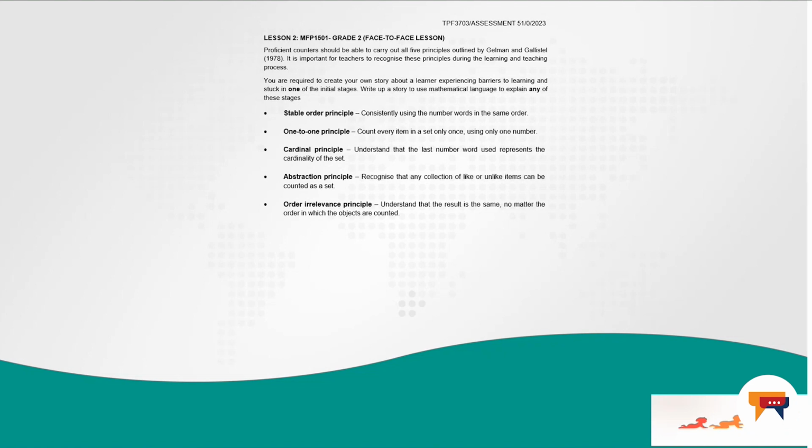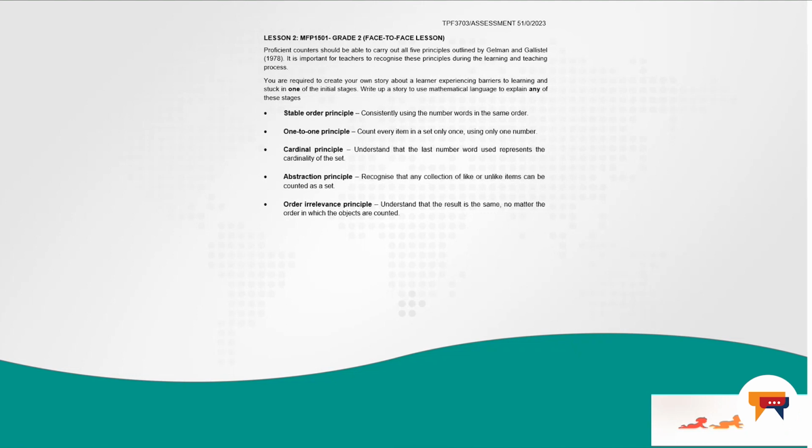Write up a story to use mathematical language to explain any form of these stages. Stable order principle: consistently using the number words in the same order. One-to-one principle: count every item in a set, once only, using only one number.